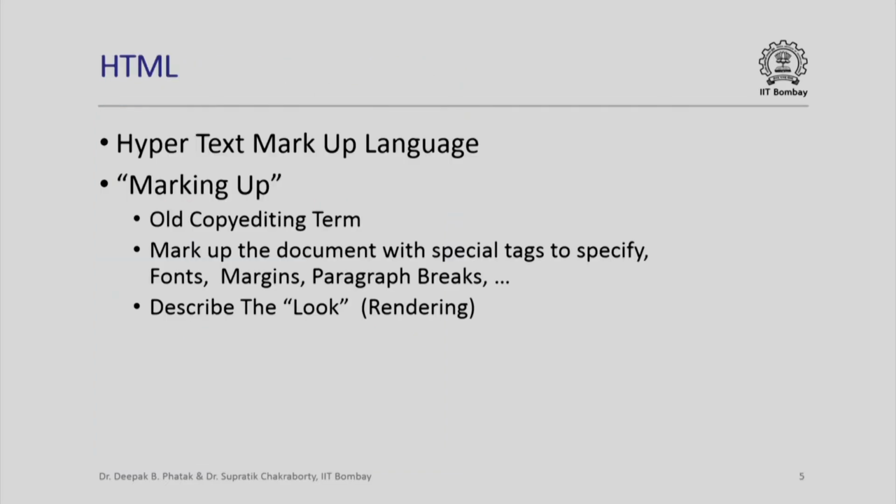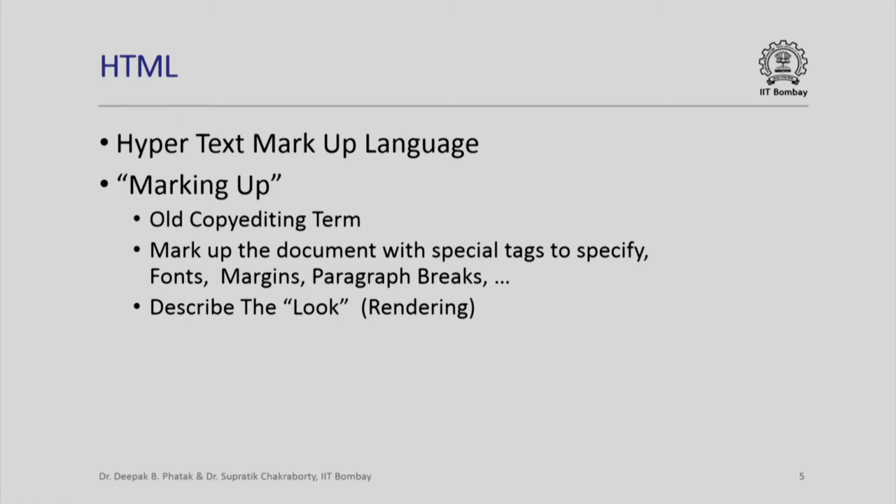Please remember that marking up is an old copy editing term which people used when they were given a printout to be proof edited, and there they marked up portions of the text to say that this particular portion of the text should look like this or should appear as bold, etc. They use special tags to specify fonts, margins, paragraph breaks, and the same terminology has been used by HTML.